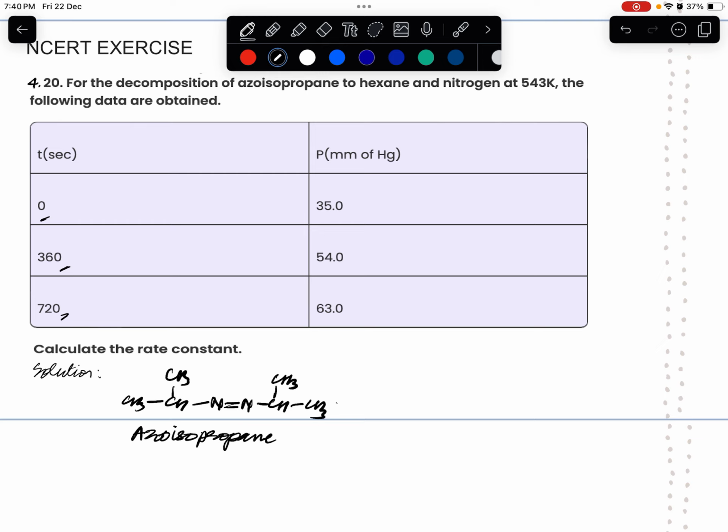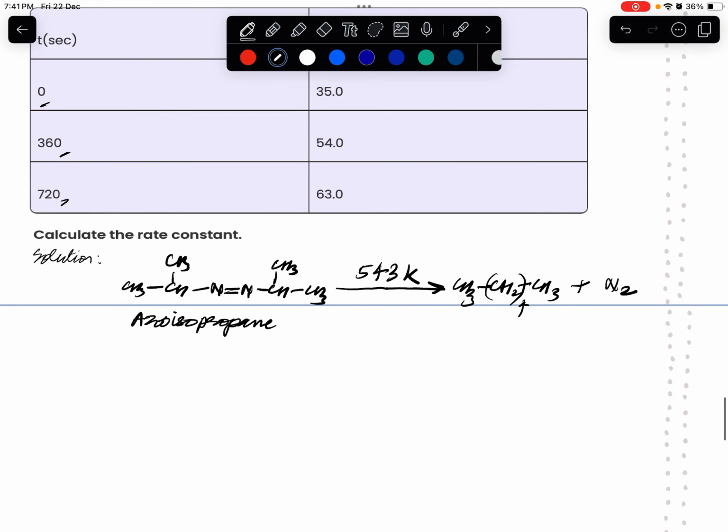Okay, it will undergo decomposition at 543 Kelvin, and what we are getting is CH3CH2CH3. This group is repeating 4 times because in hexane we have 6 carbon atoms, plus nitrogen, that is N2 molecule. This is hexane and this is nitrogen gas.